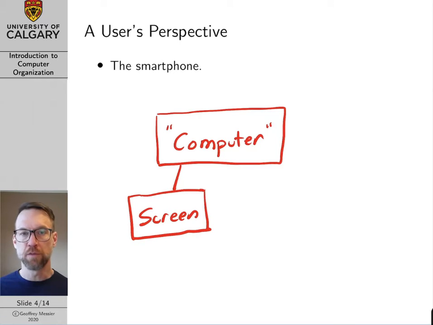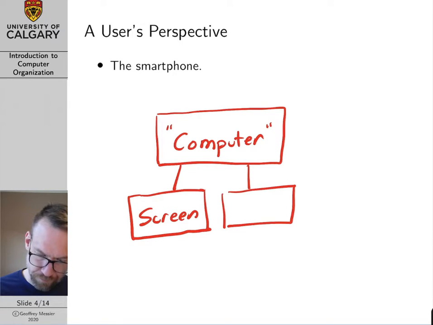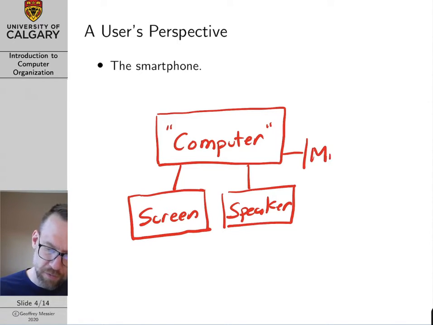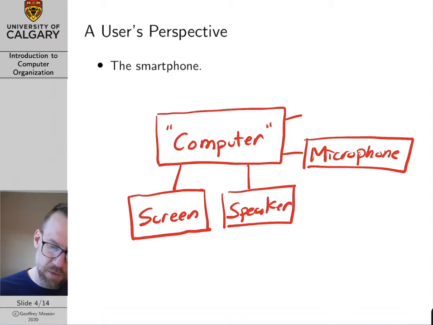So all smartphones these days have touch-sensitive screens that we can manipulate. There's a speaker, again, to get sound out. And there's a microphone to get sound into the computer. There's also a camera, which is a big one.